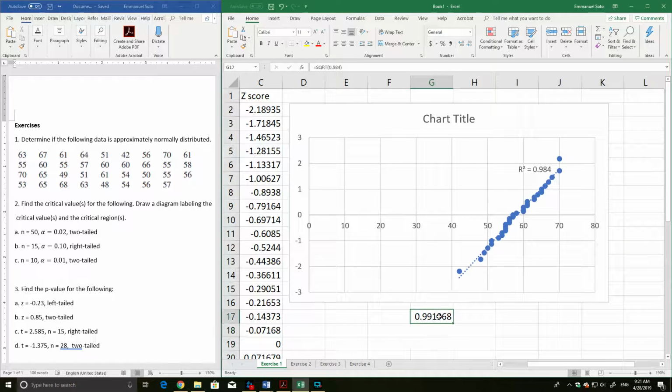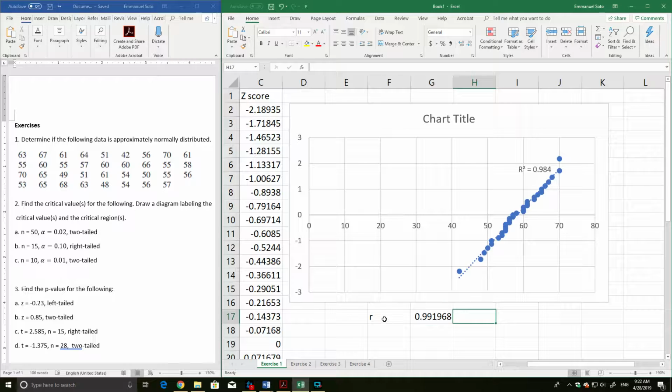And that gives you an R value of 0.991. Most of the time you don't need to do this, because if the R squared value is high, the R value is also going to be high. However, if you want to double check just to make sure that it's close to 1, then you can do this method.